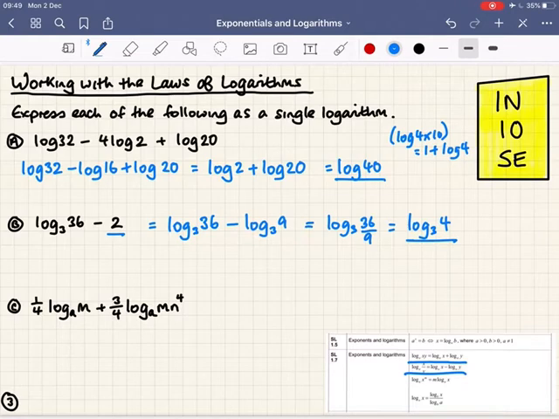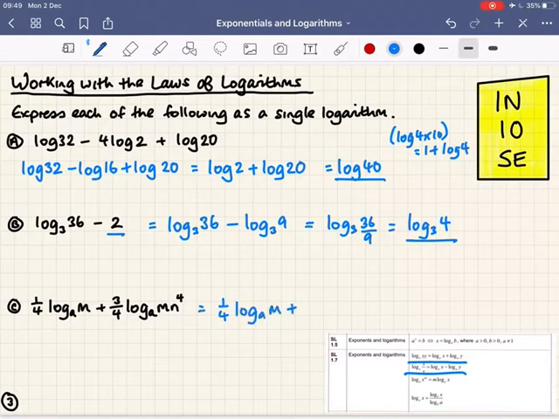The final one, I've got an expression, a quarter log a to the m, which is fairly straightforward. But the second part, I really want to split this out so that I can then bring bits back together again. At the moment, there's no real opportunity to do that because I've got a quarter log m and then I've got 3/4. So I'm going to split out the second bit. So I'll end up with a quarter log a to base m.